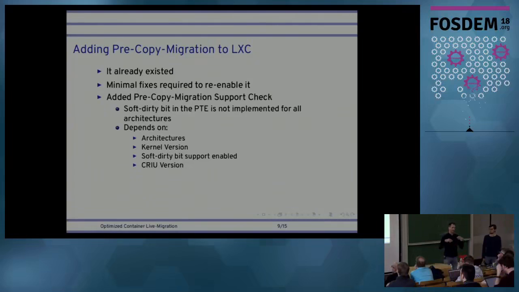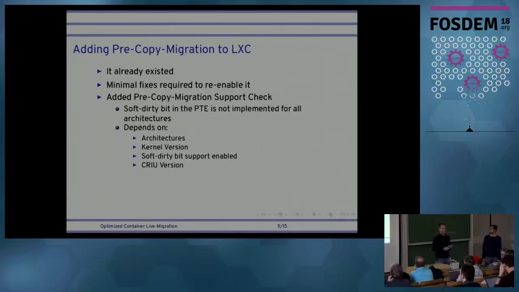And to go a step further, we implemented in the low-level library a check if the current platform actually supports pre-copy migration or pre-dumping. The reason for this is it depends on many features. It depends not really on the architecture, but on the kernel for that architecture, because not all architectures implement the soft-dirty bit in the page table entry.